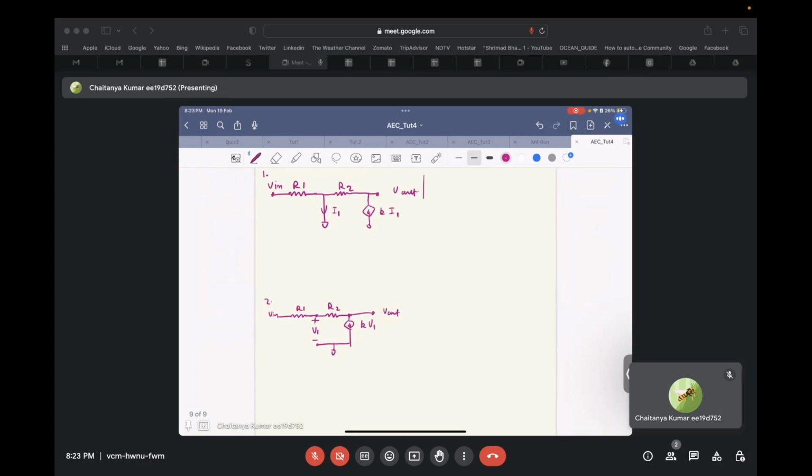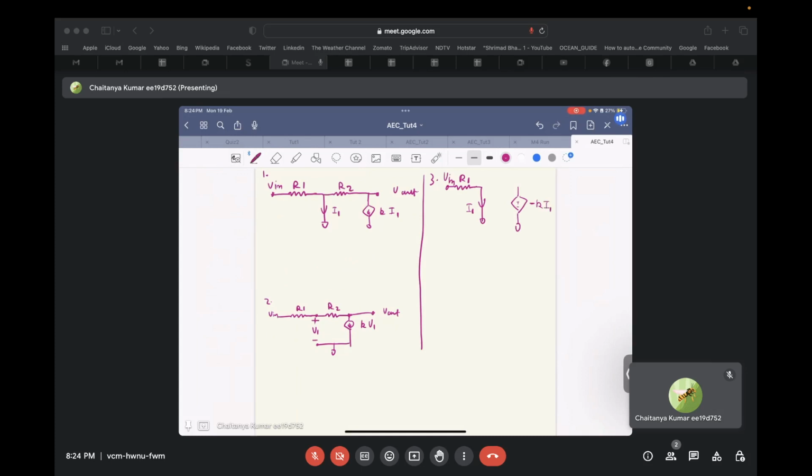Third is R1, V in, I1, minus K times I1.